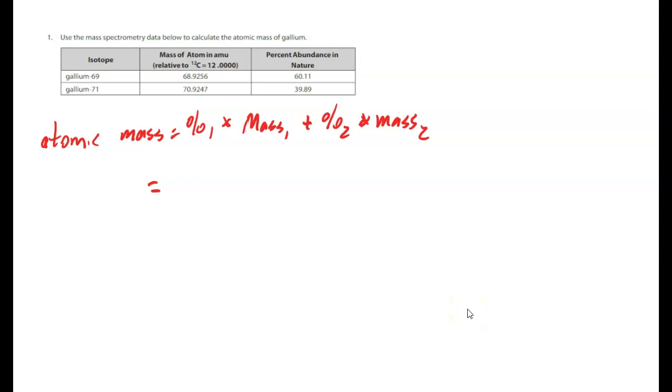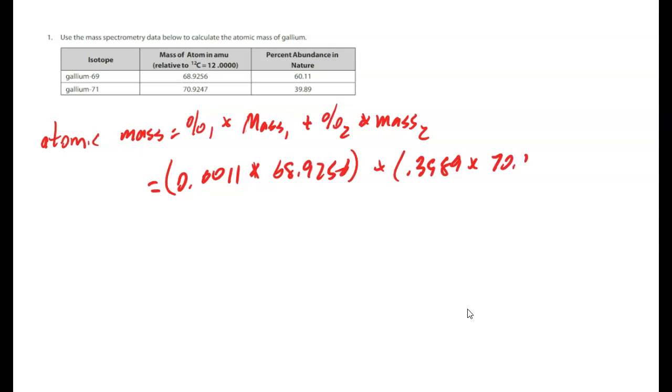I just convert that to a decimal in my head by sliding the decimal 2 to the left, so 0.6011 times the mass, which is 68.9256, plus the percent of isotope 2, 0.3989, times its mass, which is 70.9247.